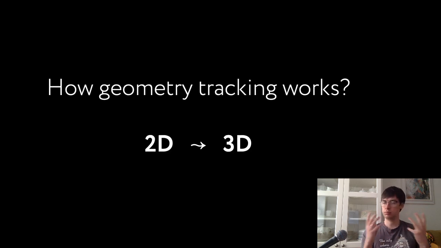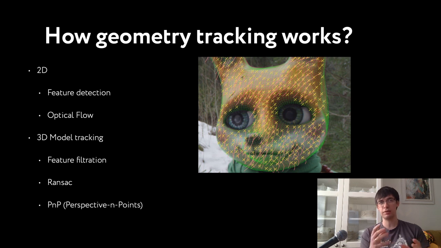Okay, how geometry tracking works. It's a pretty important question, because it's a bit different from the traditional pipeline. So first of all, everything goes from 2D to 3D, and it's basically like any tracking works, but with some small changes when we talk about geometry.